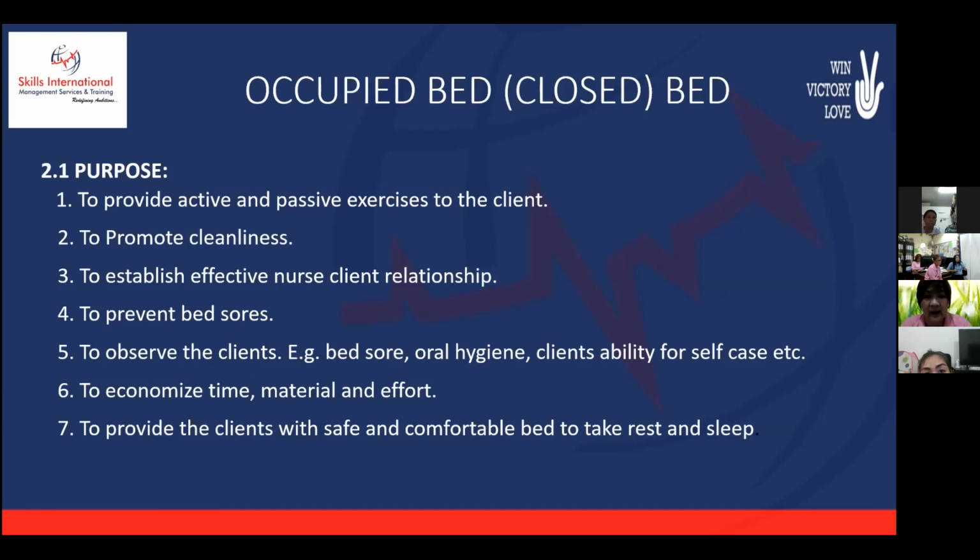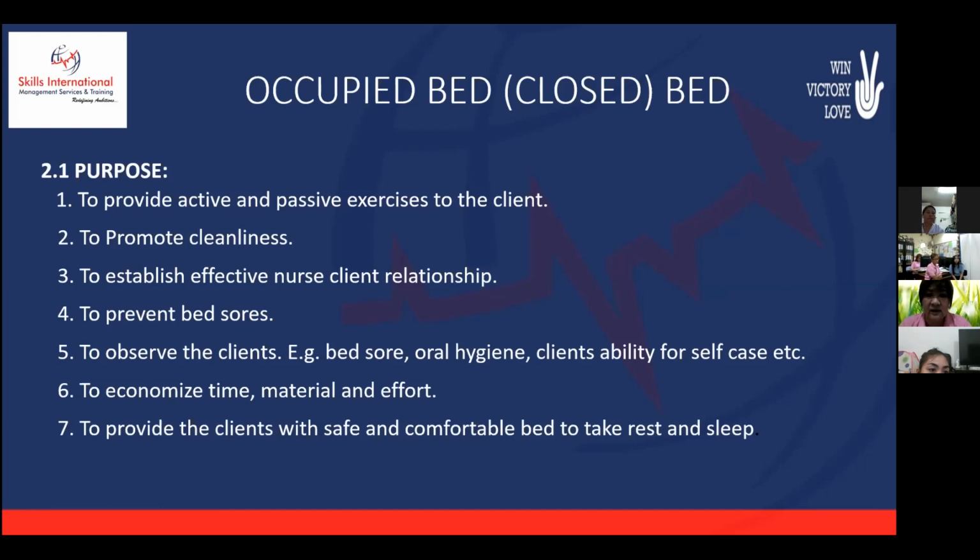To promote cleanliness, to establish an effective nurse-client relationship, to prevent bed sores. Once the bed is made, it prevents bed sores, because crumpled bed sheets can be a factor in the patient having bed sores.